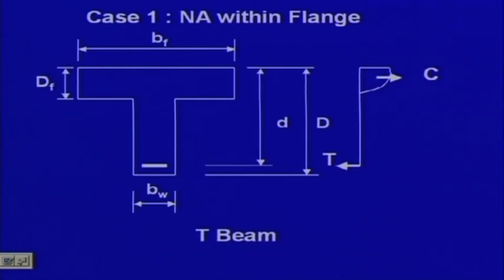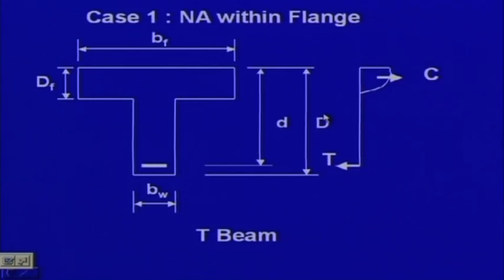This is case 1, where the neutral axis is within the flange, that means this is your neutral axis position and the whole stress block is within the flange. That is possible.